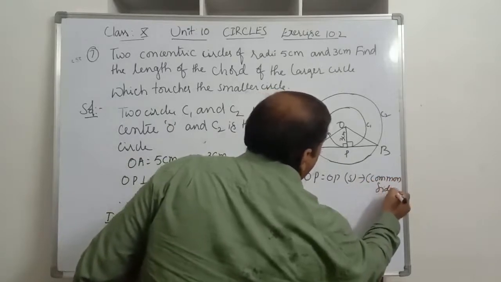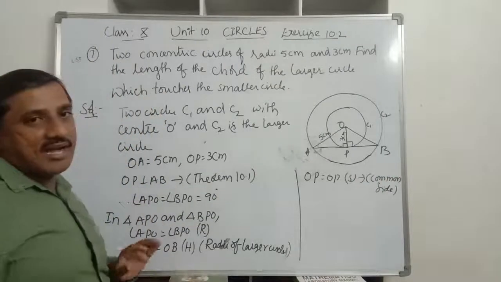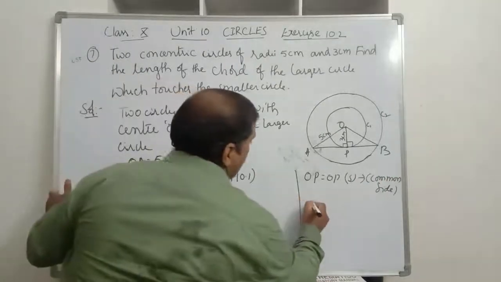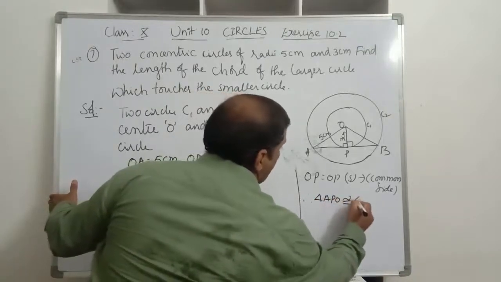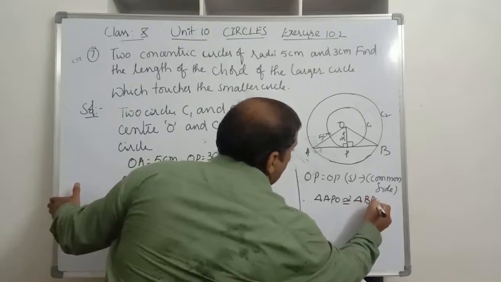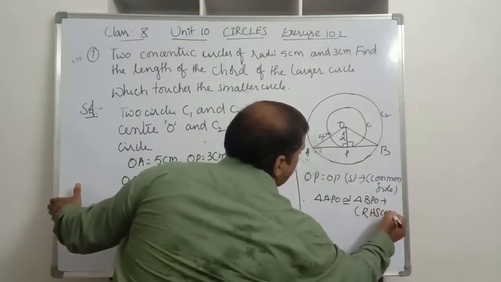Now by RHS, that is right angle, hypotenuse and side, both the triangles are congruent triangles. Therefore, triangle APO is congruent to triangle BPO by RHS congruency.